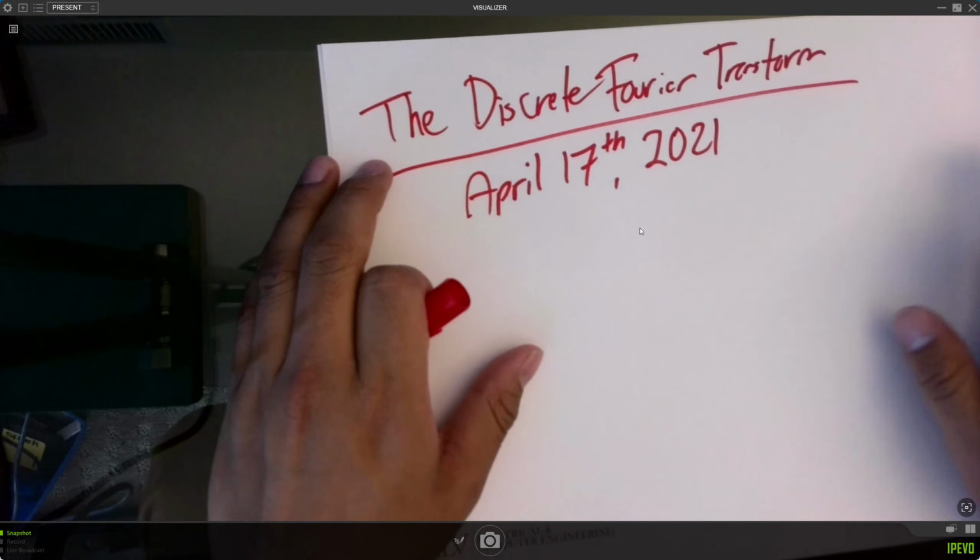Actually, I think it should have been k. Keep the e to the minus j omega k over, no, actually 2 pi k over N, and there we go. That's how everyone's used to seeing it.